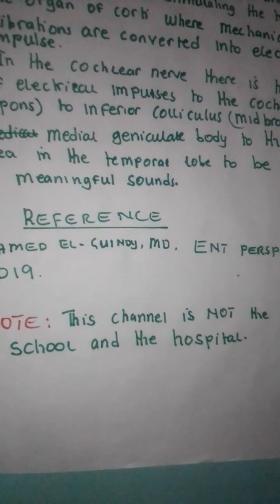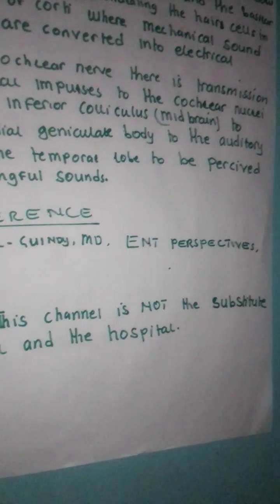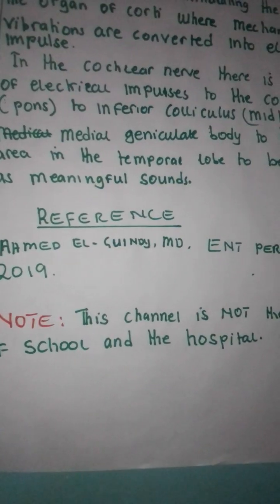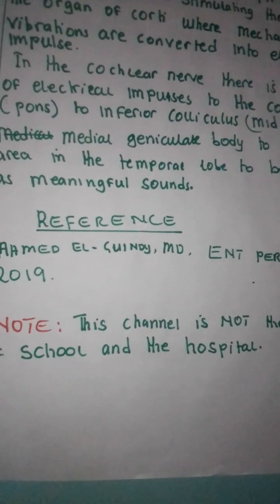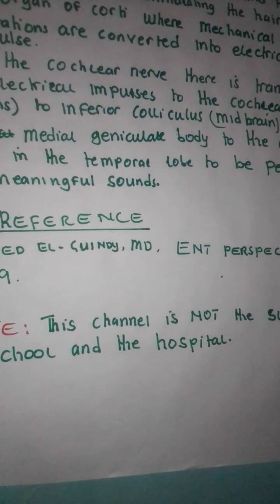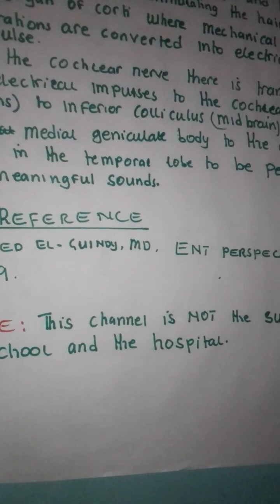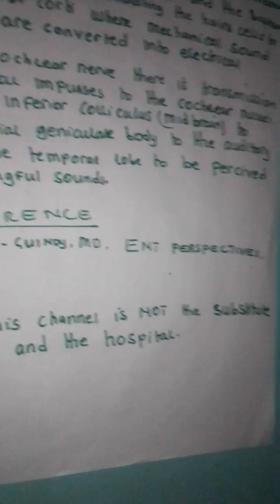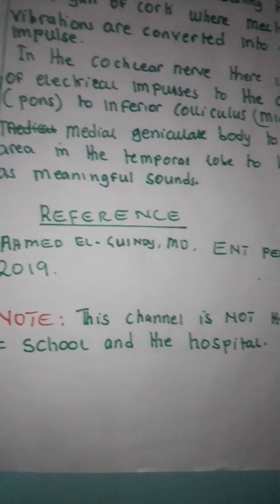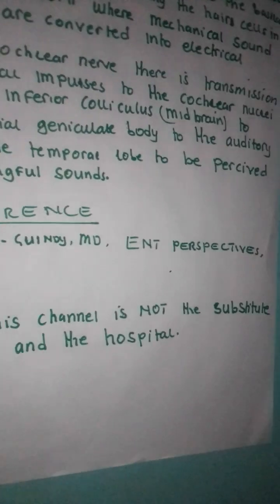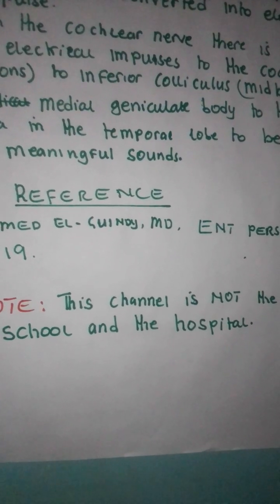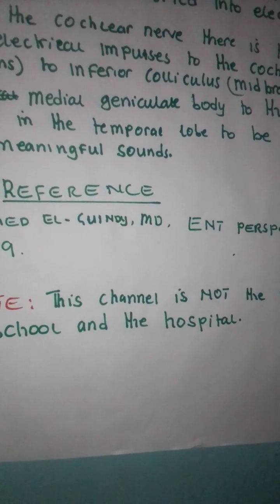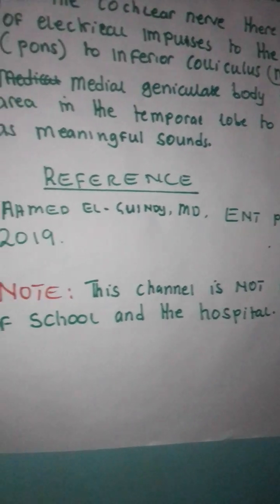In the cochlear nerve, there is a transmission of electrical impulses to the cochlear nuclei, the pons, to the inferior colliculus, to the medial geniculate body, to the auditory area of the temporal lobe, to be perceived as meaningful sound. So this is the physiology of hearing.